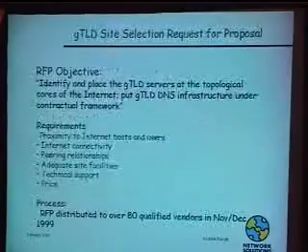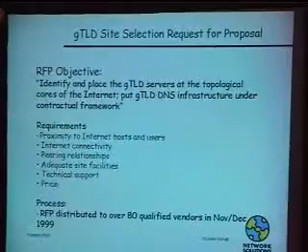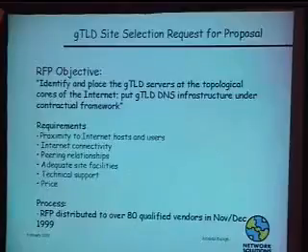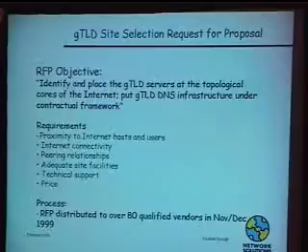But anyway, in terms of the gTLD program, we put out an RFP about a month and a half, almost 2 months ago. The whole objective of it was to basically place the gTLD and root servers at the topological cores of the internet. We wanted them basically to be as close to folks using them as possible.